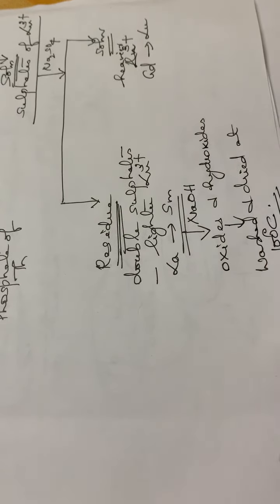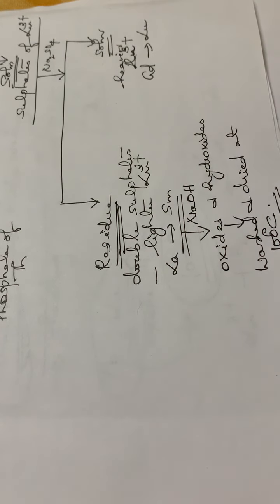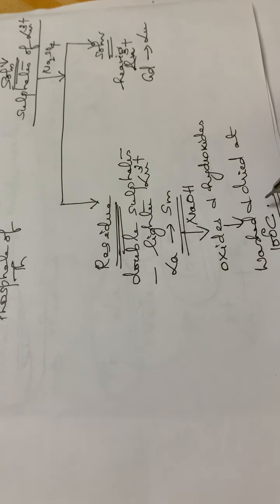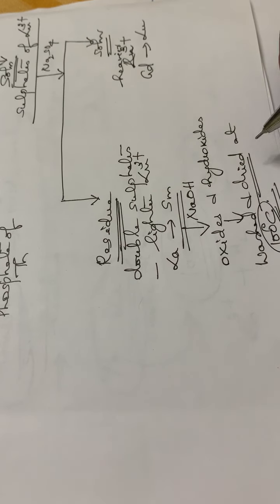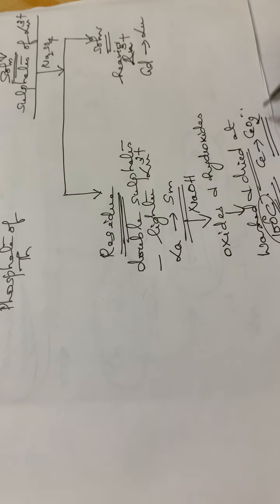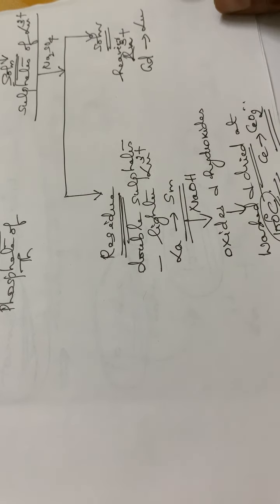Then we can separate these lighter lanthanides by certain different methods. At this stage, when washed and dried at 100 degrees Celsius, cerium will be oxidized to CeO2.